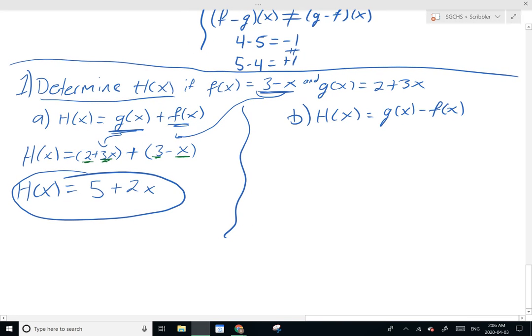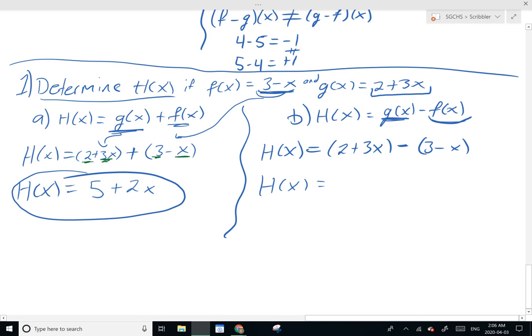Now let's go over to our difference. For h of x, I'm going to substitute g of x for the equation that it is, so 2 plus 3x, and then subtract. I'm going to bracket this because this is really important where the brackets come in, because that negative symbol is going to affect a few things. So I'm going to substitute f of x for the actual equation, 3 minus x. There are a few different ways to do this, but I'm going to apply that negative inside the brackets.